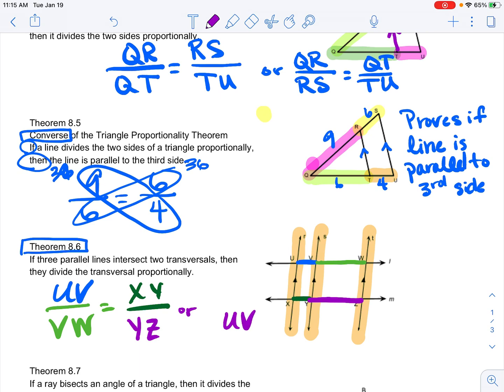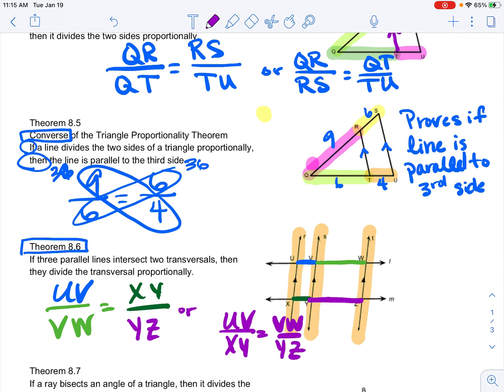Or we can set up the proportion differently. We can set it up with our little short sides together. So we have UV over XY is equal to VW over YZ. Either one. But basically it's saying that they are proportional.